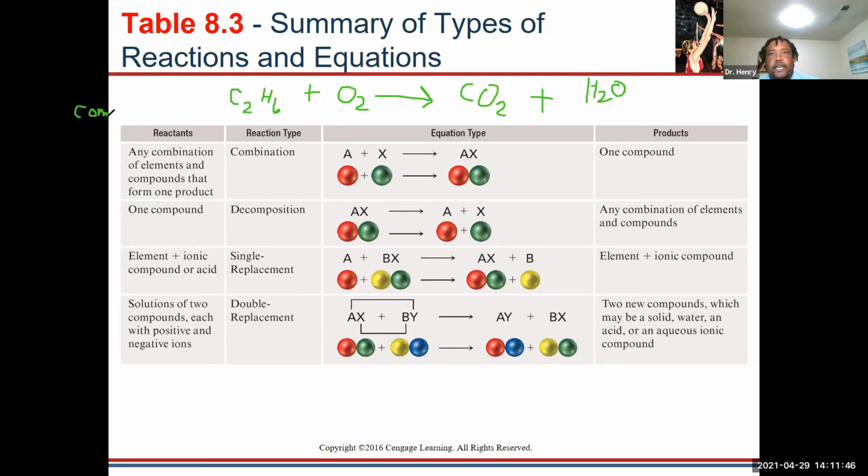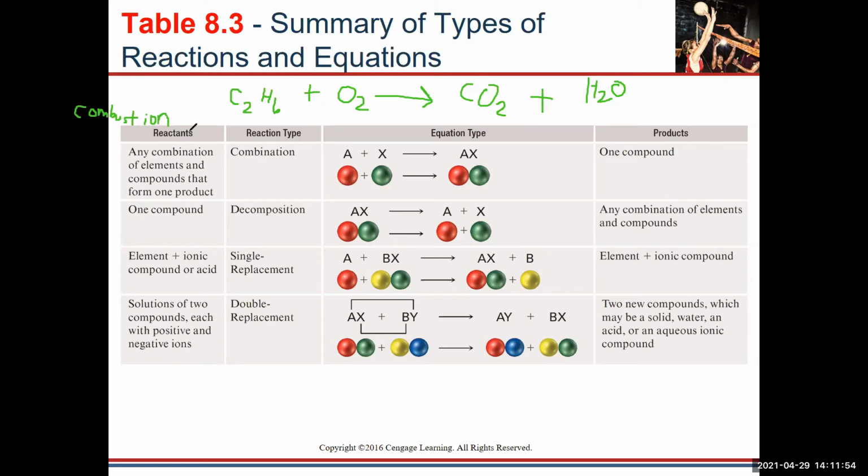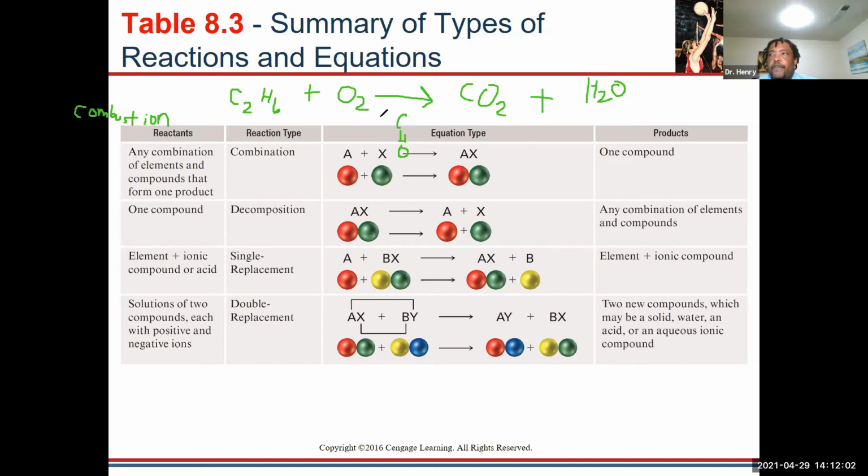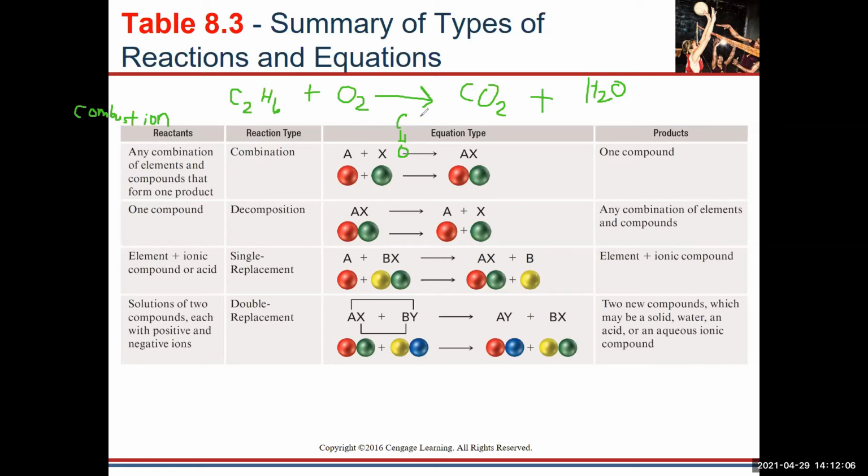So how would I balance this out? List C, H, and O. How many carbons do I have on the product side? 1.